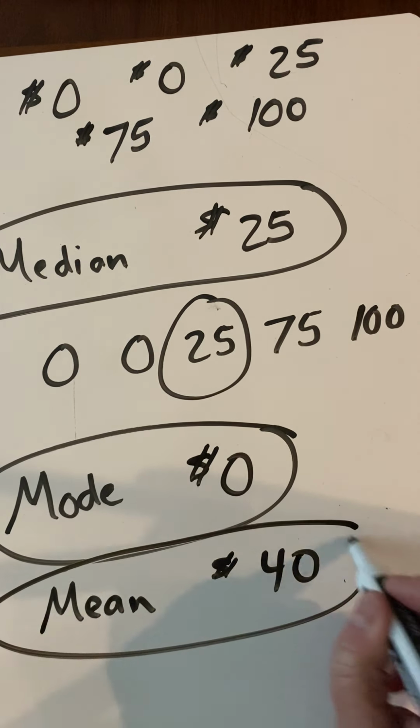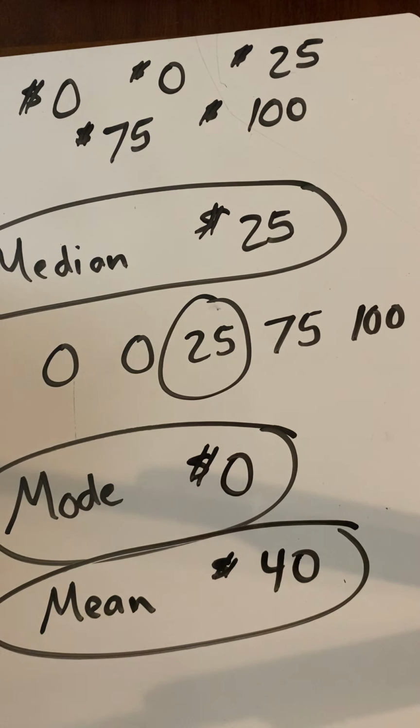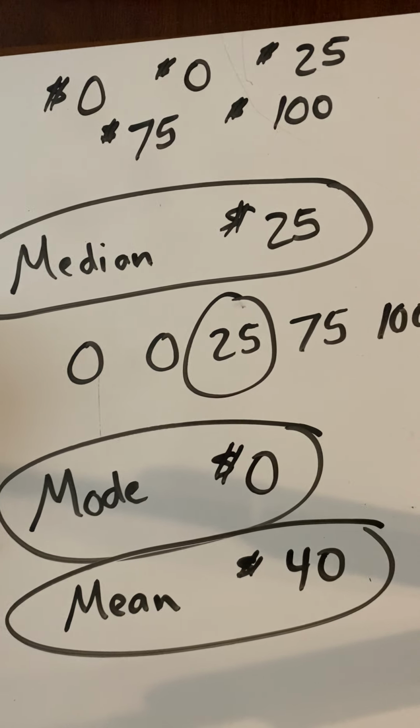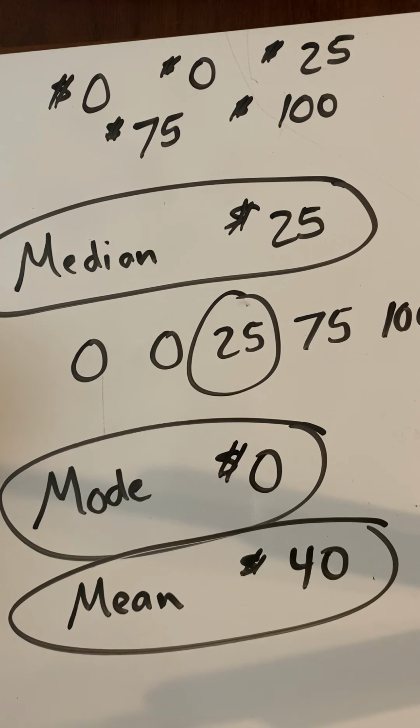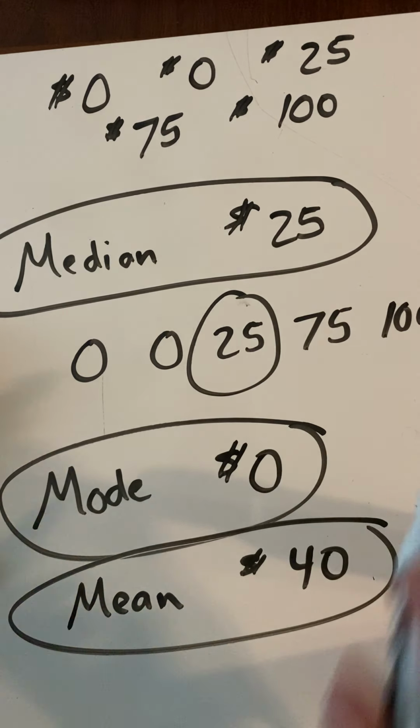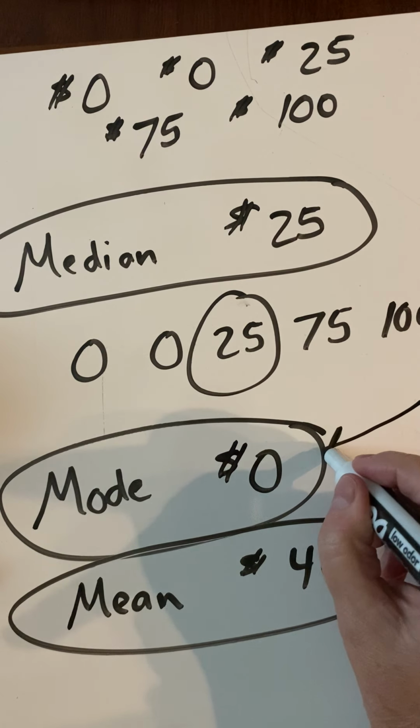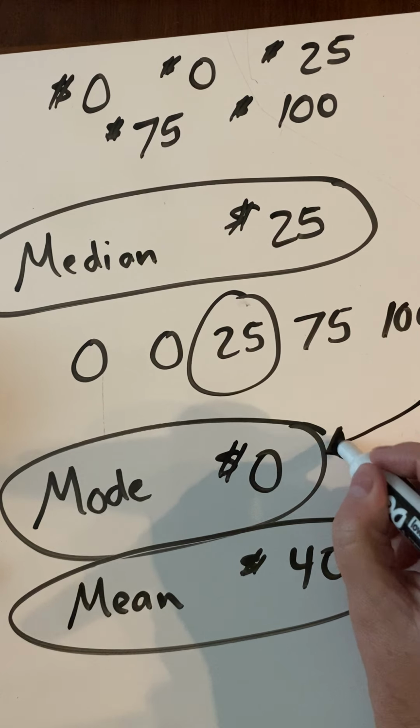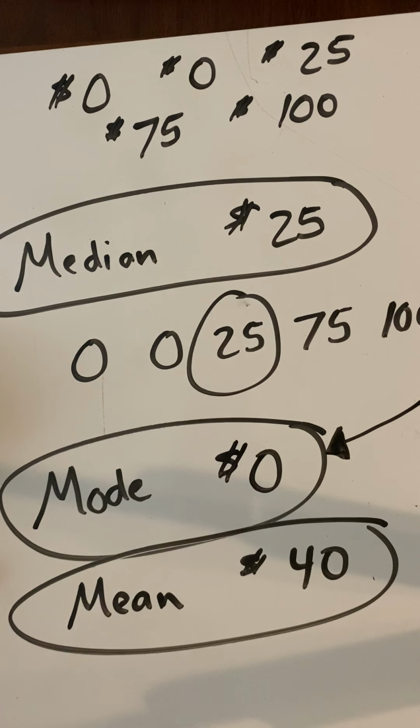You can see they give me 3 different centers, but that's okay because sometimes we need different ways of describing our data. If I were trying to help you get more money, I might use the mode, because I might tell your parents, you know, these poor kids, I feel really badly for them. The average that they make is $0 in 6 months, so you need to give them a raise.